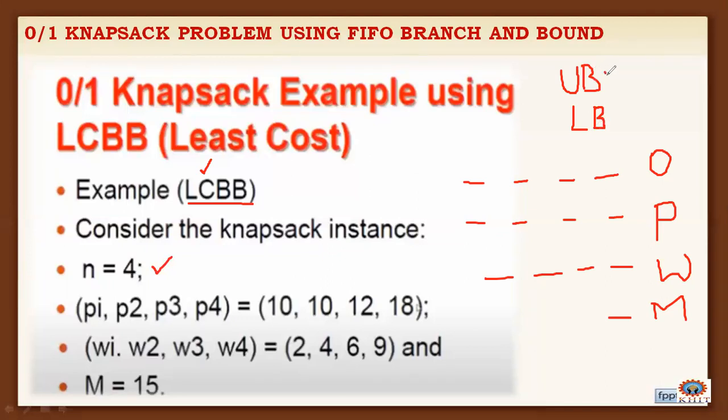While calculating the lower bound and upper bound, we need to generate a state space tree, and by using the state space tree we need to find how to move along the path clearly.